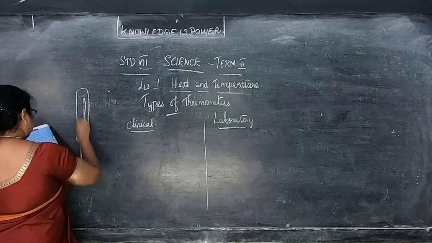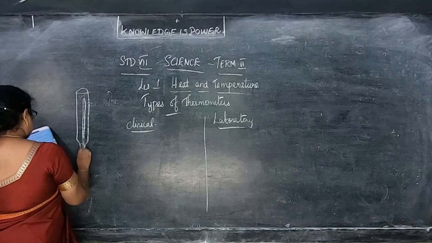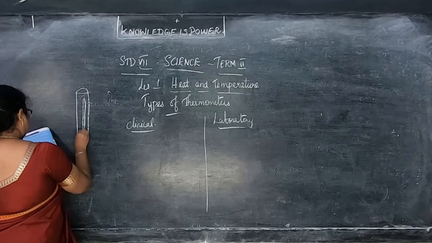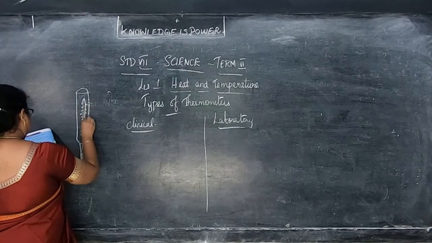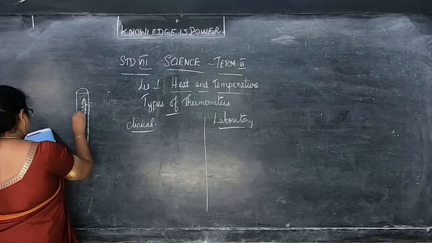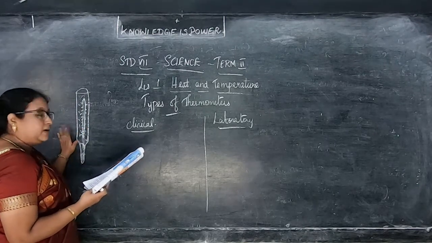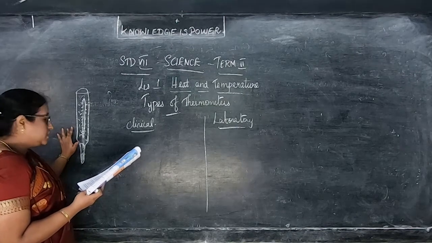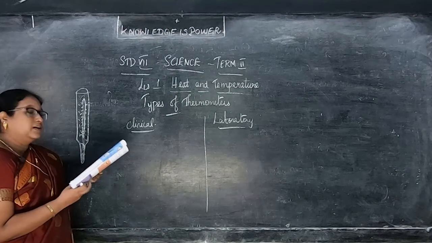There's a bulb, there's a kink, and temperature scales are given. So there are temperature scales on either side of the mercury thread, one in the Celsius scale and the other in the Fahrenheit scale.